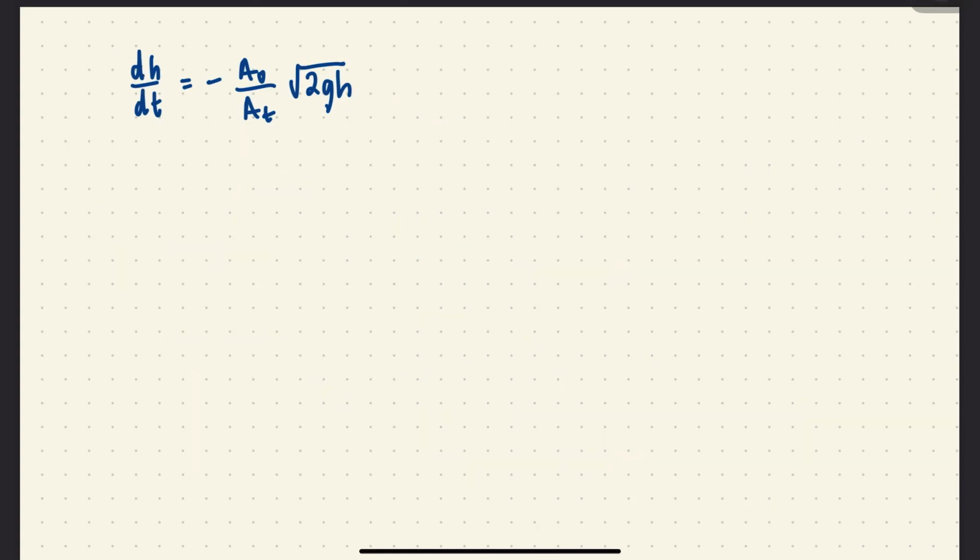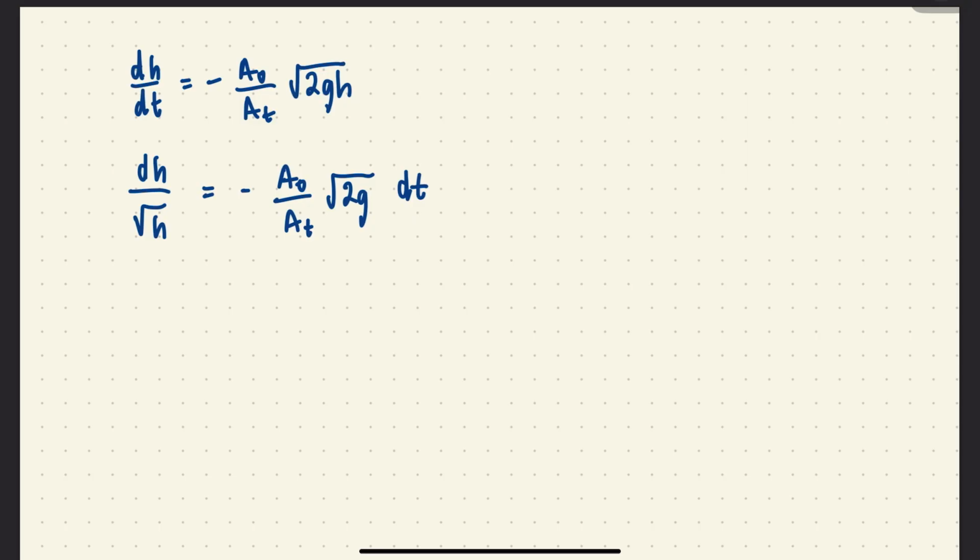So in solving this differential equation, we separate the variables. So we can have this as dh over square root of h is equal to negative A sub O over A sub T, square root of 2g, then you'll have your dt.